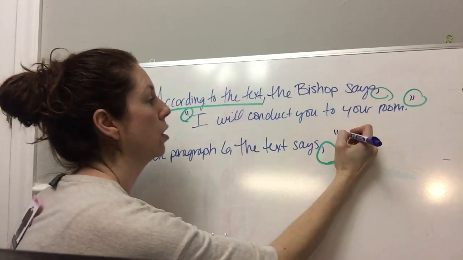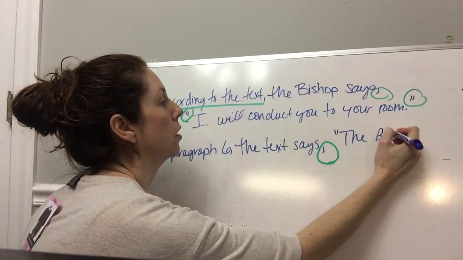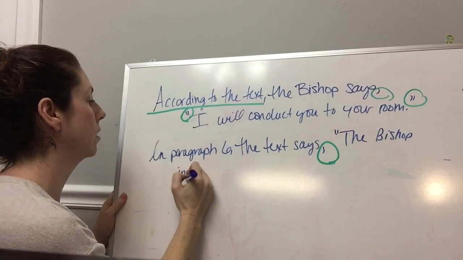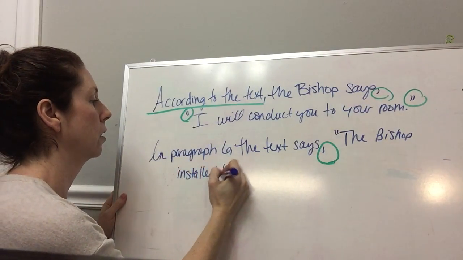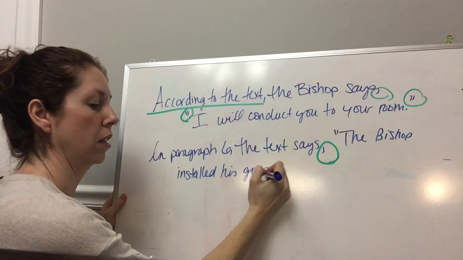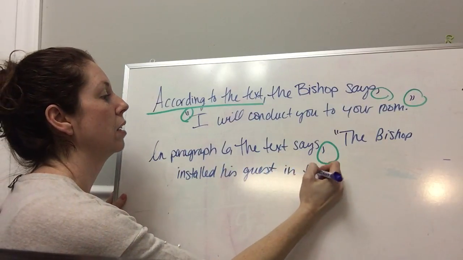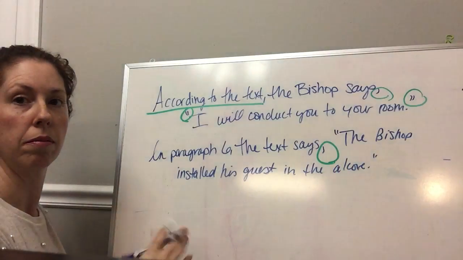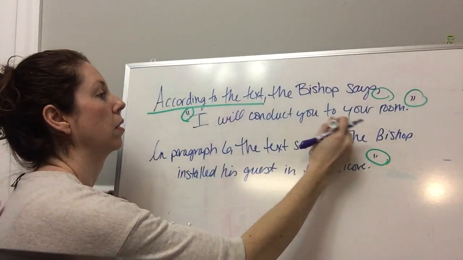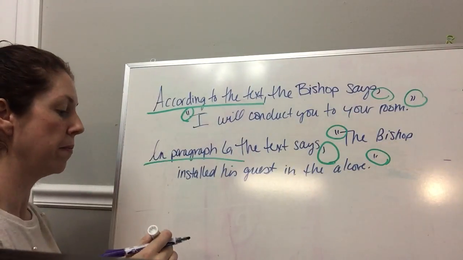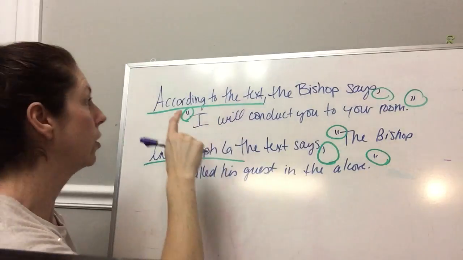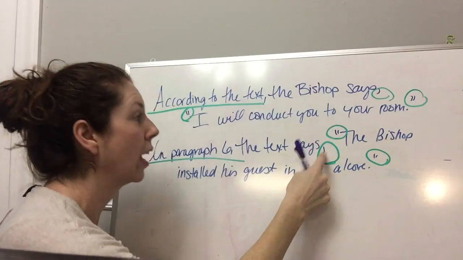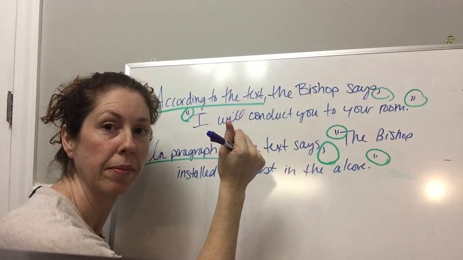I'm going to say, "The bishop installed his guest in the alcove." Period. Quotation marks. Right here. Okay? So we have the evidence starter, after says we've got that comma, and then we're putting our quotation marks. Okay?